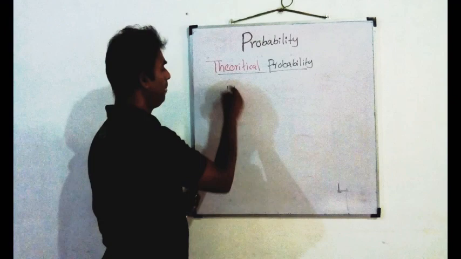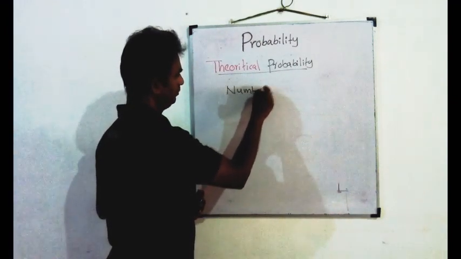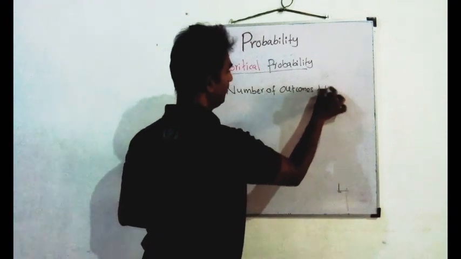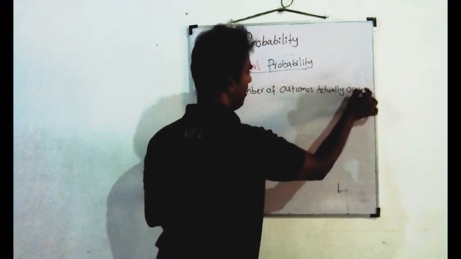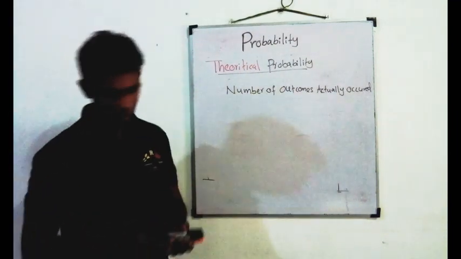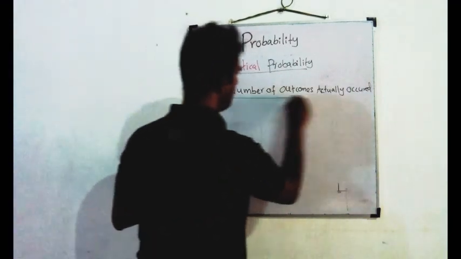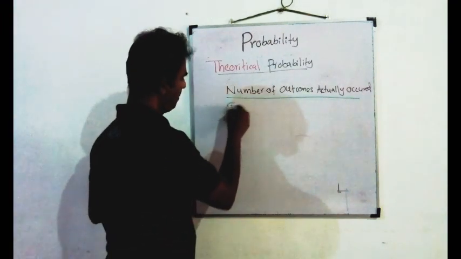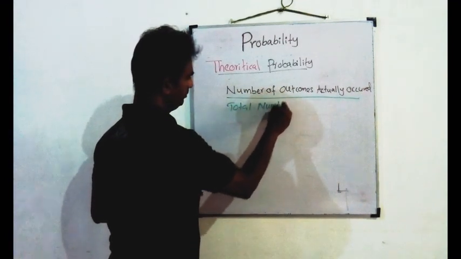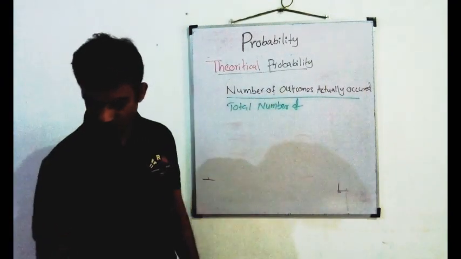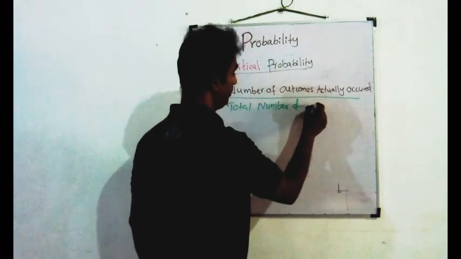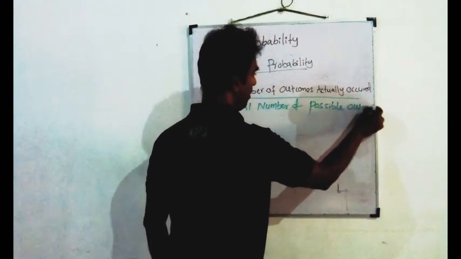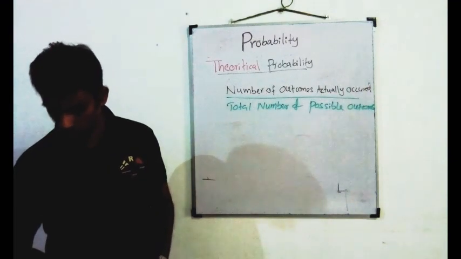Like this: number of outcomes actually occurred, divided by the total number of possible outcomes.